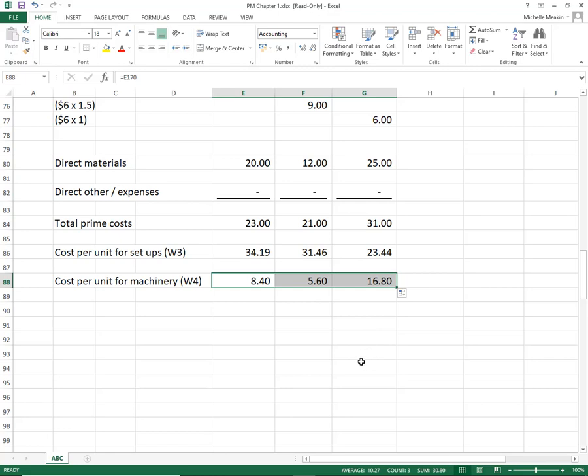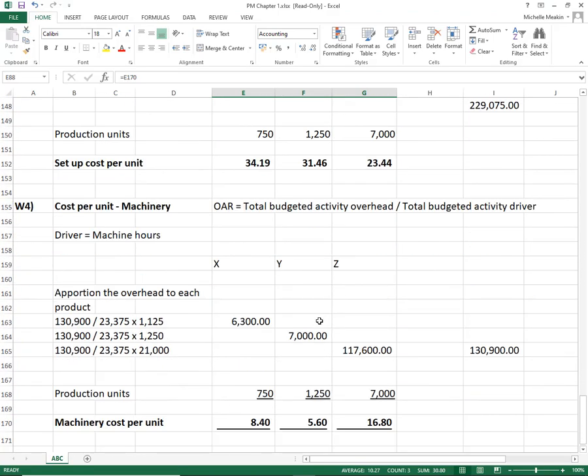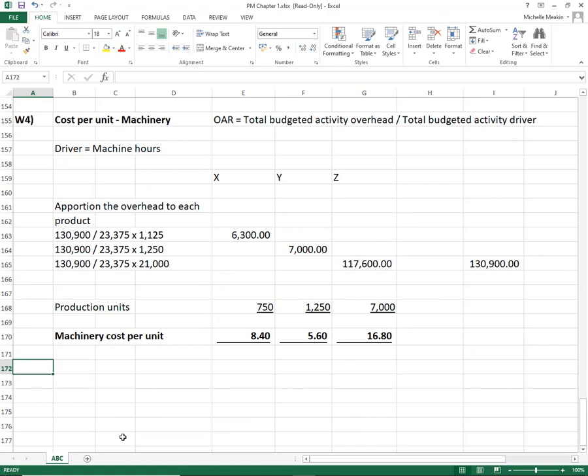If you feel comfortable with what's been done, please pause the recording here and have a go at the final 2 activity pools. Working number 5 now. Working number 5 is going to be a cost per unit, but it's going to be a cost per unit for materials handling.